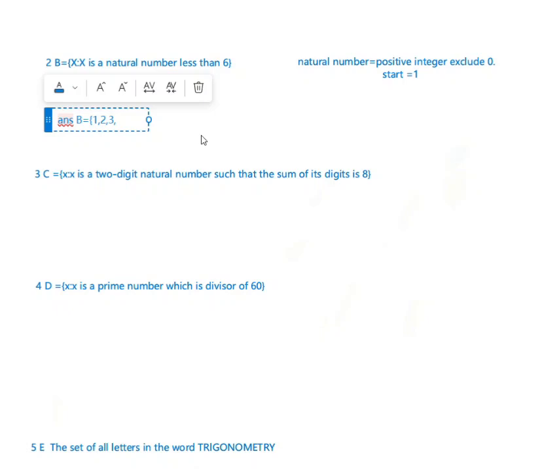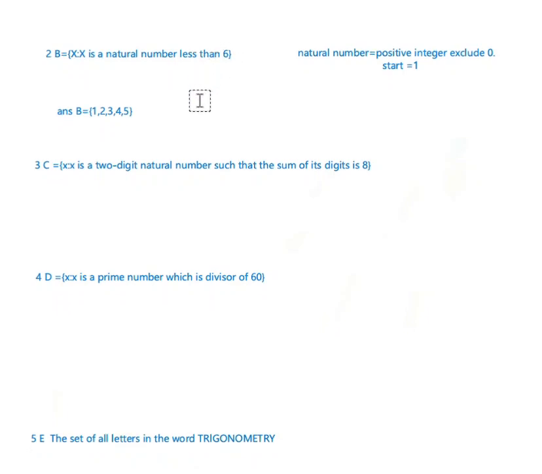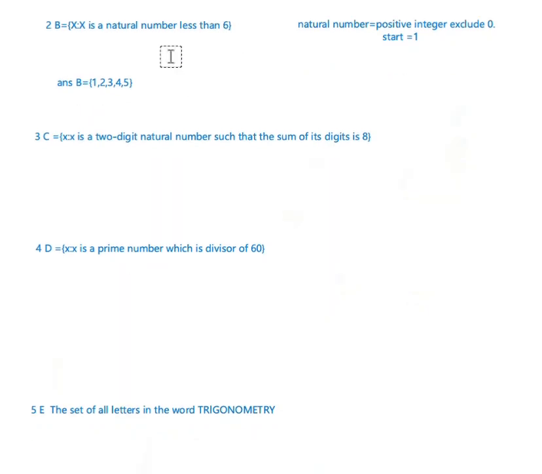This is the syntax of writing a set. 1, 2, 3, 4, 5; 6 is excluded. It says natural number less than 6, not including 6. This is what the question says. So we have to write 1 to 5, not 6. 6 is excluded.